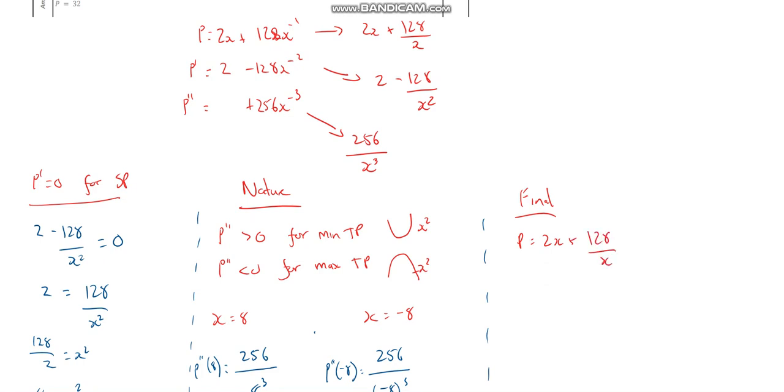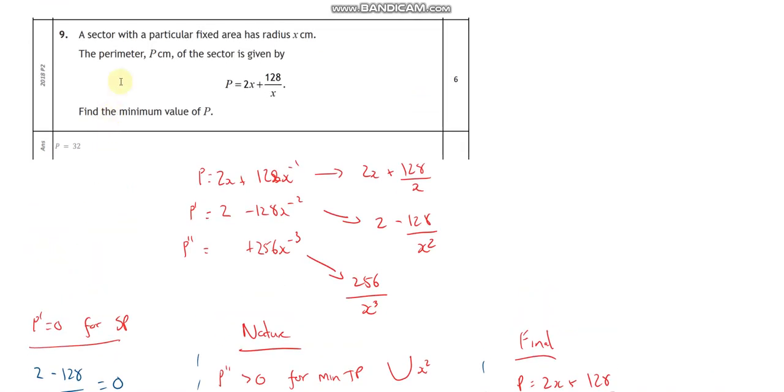I'm going to sub that in. So P is equal to 2 times 8, 16, plus 128 divided by 8. That gives me 16 as well. Just do a little check. Carry the 1 and 4, 6, 8 are 48. Yep. And that gives me 32. And just add my units.